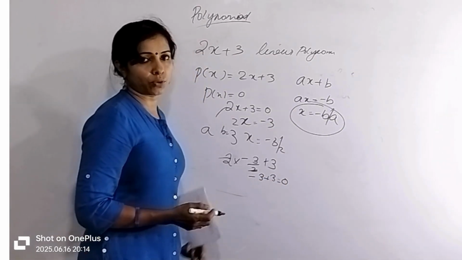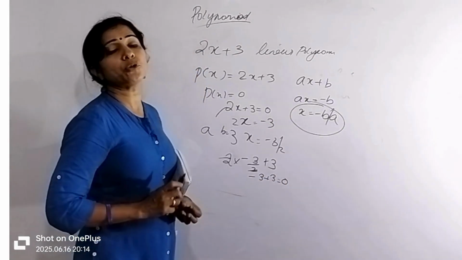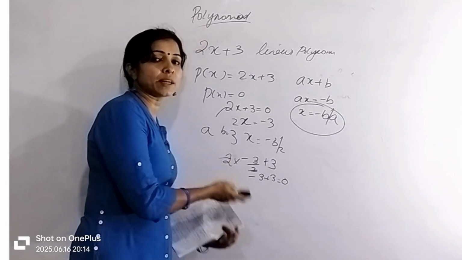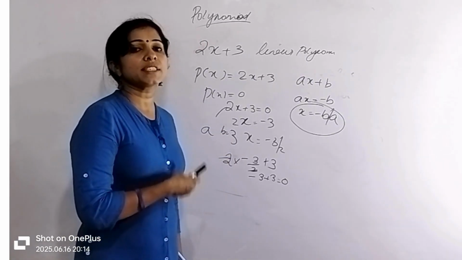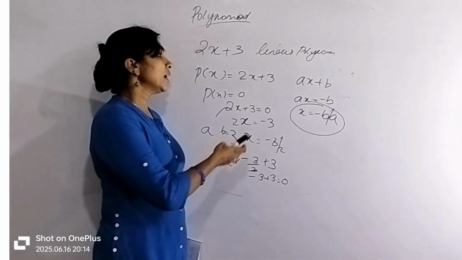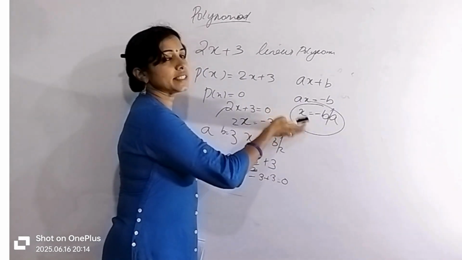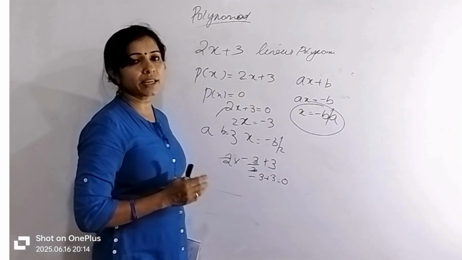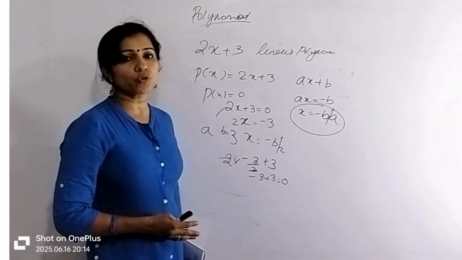That is called a zero. For what value of x this polynomial becomes 0, that is called a zero of a polynomial. So the zero of a linear polynomial is x is equal to minus b by a. Clear? Then now we can go to the zeros of quadratic polynomial.